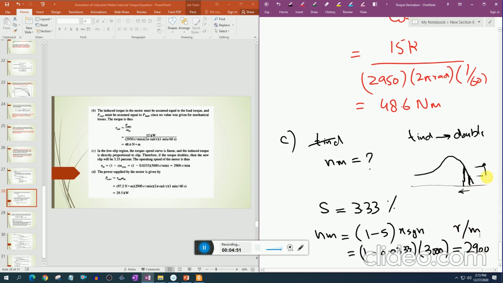So if torque becomes double, slip becomes double, and its speed in revolutions per minute is decreased.